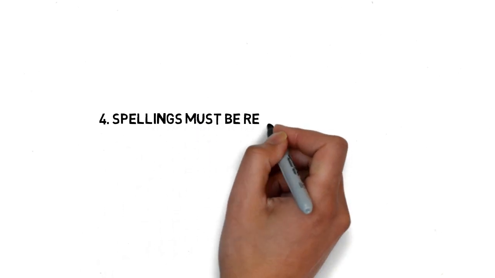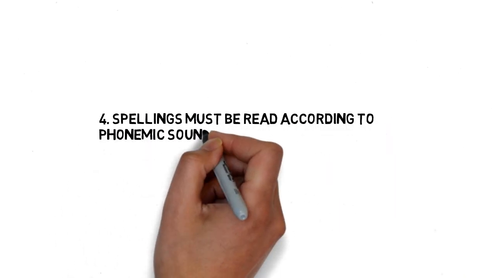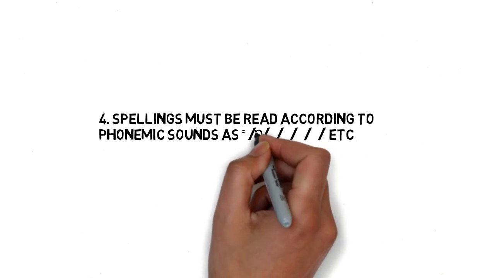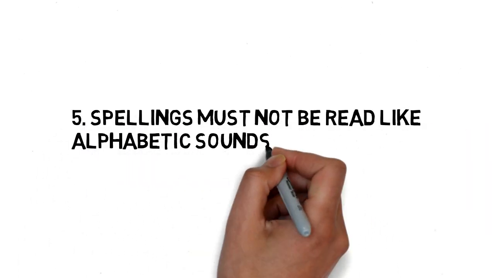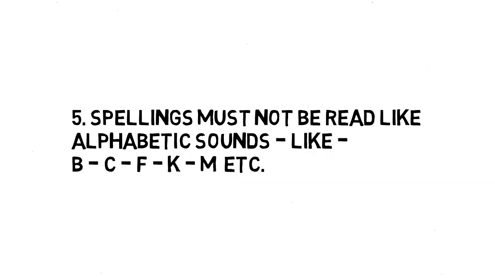Number 4, these written spellings must be read or spoken or pronounced according to the phonemic sounds of spoken English as p, g, j, ch, sh, etc. Number 5, letters or spellings must not be read like alphabet sounds such as B, C, F, K, M, etc.